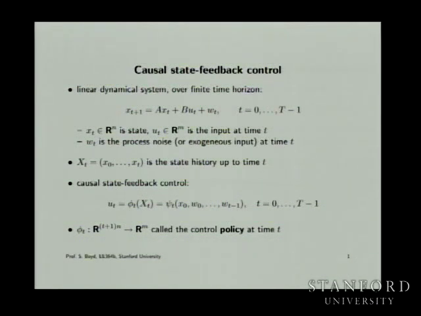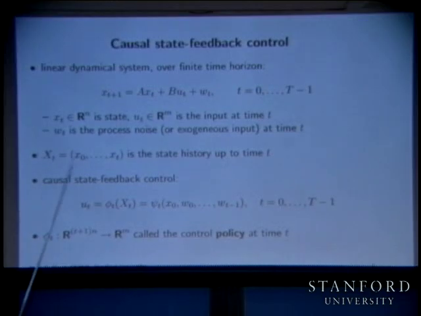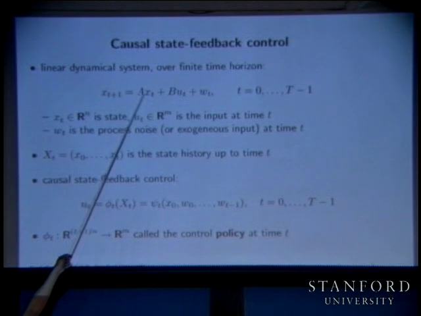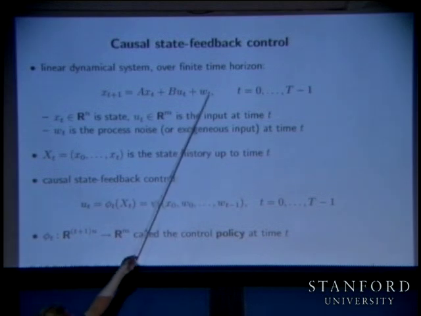So here's what we have. We have a linear dynamical system with a state x_t and an input u_t, and we could easily make this time varying, so that could be A_t and B_t. And here's the new element: a noise, a process noise. What this says is that the next state depends on three things.